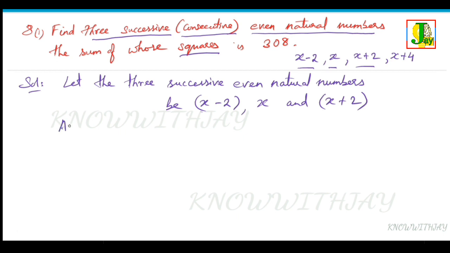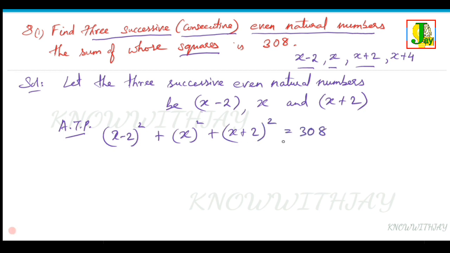According to the problem, we have the sum of these squares: x minus 2 whole square plus x square plus x plus 2 whole square. So the sum of the squares is 308. So you have just found the expression for the given condition. Now you can just go on solving it.